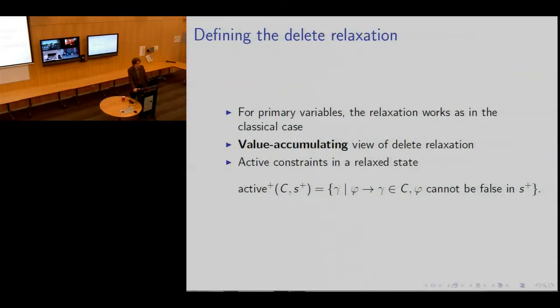That is, instead of having a single value associated with each variable, it gets a set of possible values. Applying an action can possibly add new values to the set of possible values associated with the variable, but applying an action can never remove a value from the set. That is, as we apply more and more actions, the set of possible values on the variable can only grow and cannot shrink.